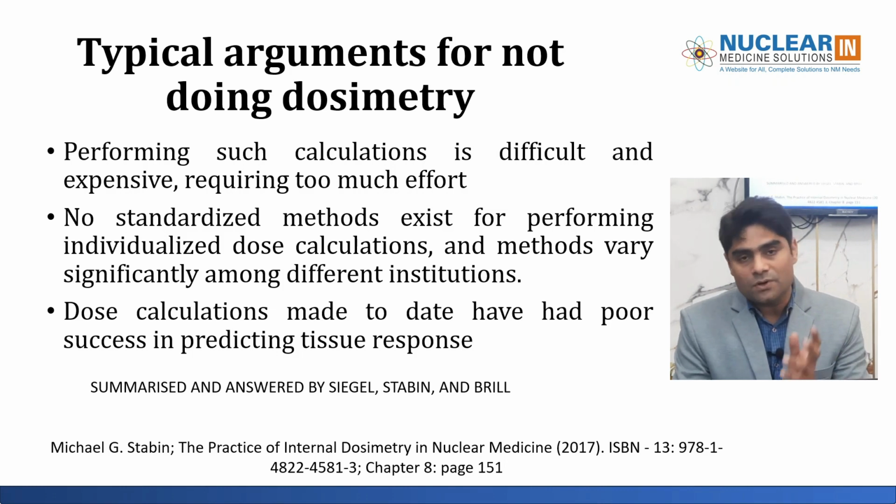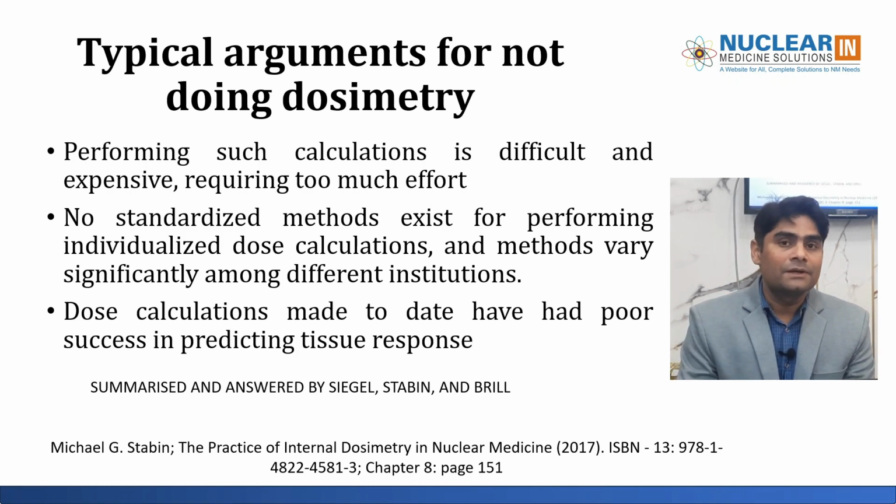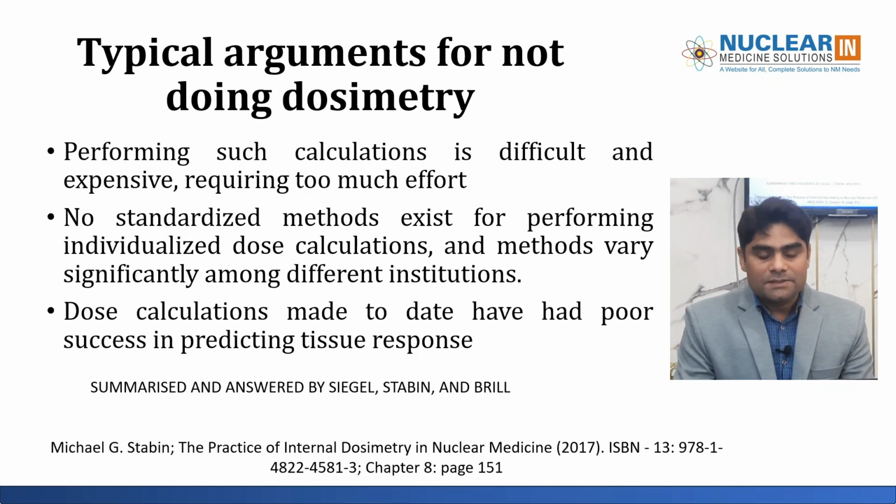All these questions and arguments were compiled by these great people, and they answered and said why this is wrong. These kinds of statements are wrong when we talk about patient individualized dosimetry. This is again given in Dr. Michael J. Stabin's book, which was published in 2017.